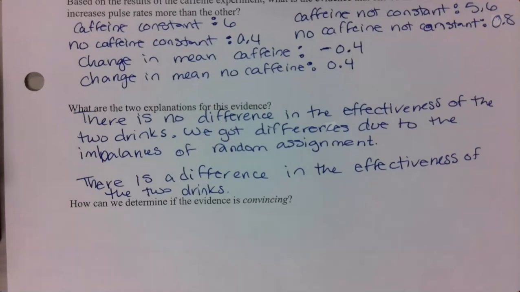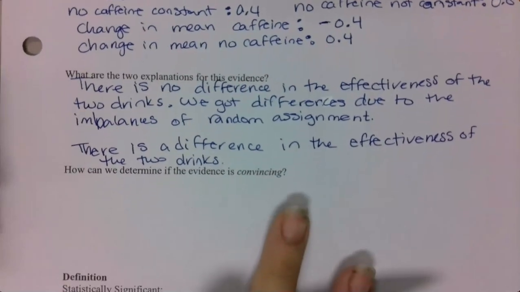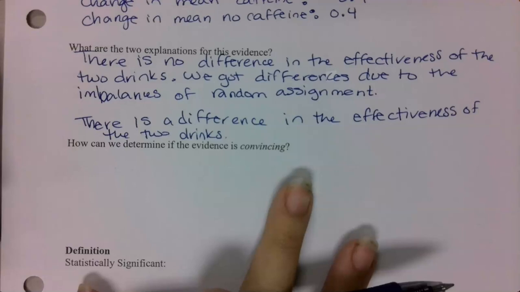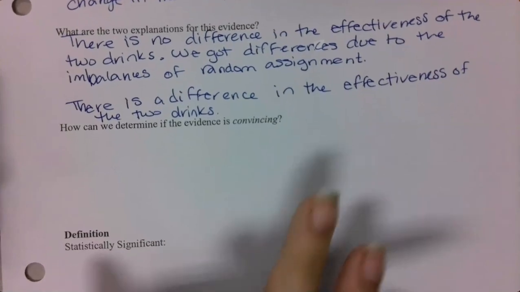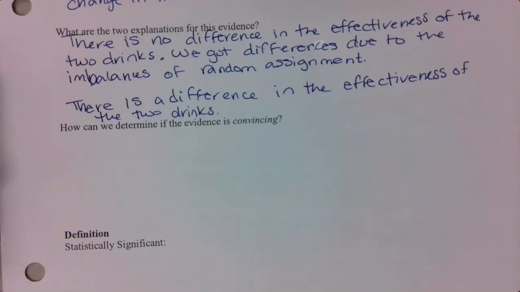So, okay. How can I decide if this evidence is convincing? Guys. Like convincing that it doesn't work?